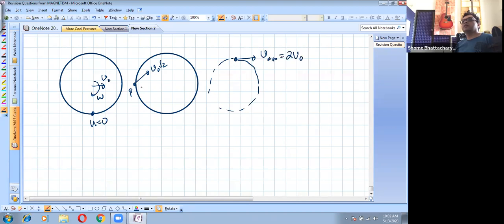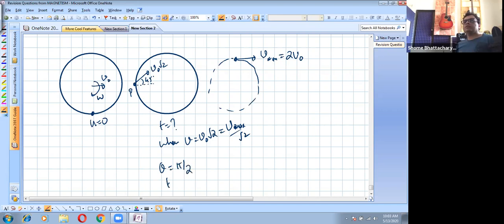Okay. So this is the time. This is the time when v is v max by root 2 for the first time. So you can see that during this time, the angular displacement is pi by 2. Okay.